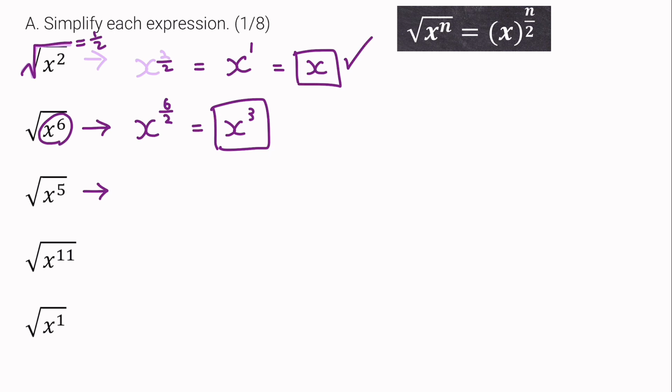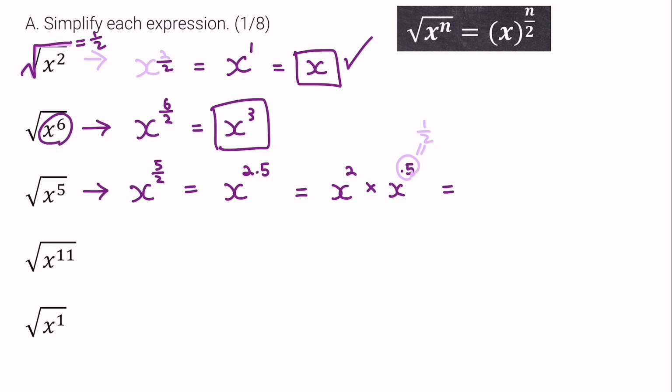If I have the square root of x raised to the power of 5, that's the same thing as x to the power of 5 over 2. And this gets a little tricky because 5 over 2 is not evenly divided, but no worries, because we are going to express it in terms of decimals. So it's the same thing as x raised to the power of 2.5, and that's the same thing as x raised to the power of 2 times x raised to the power of 0.5, which is equal to 1/2.